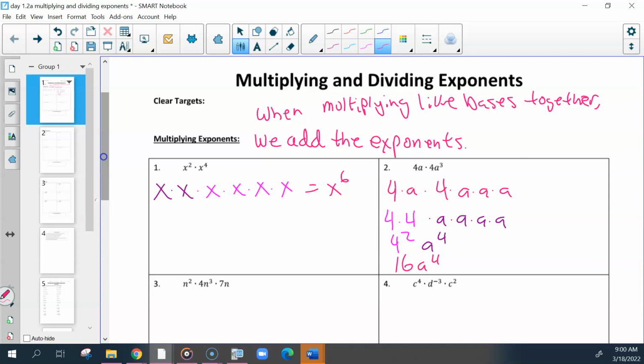If we don't have like bases, so let's say we had a 4 and we had a 6, those aren't the same. We would just multiply those numbers together. We would not do anything with our exponents because they're not the same.